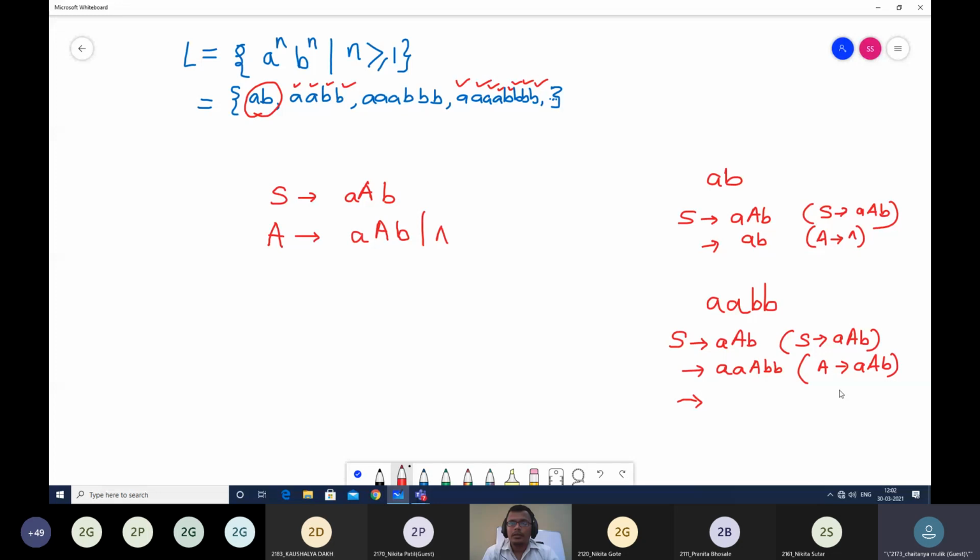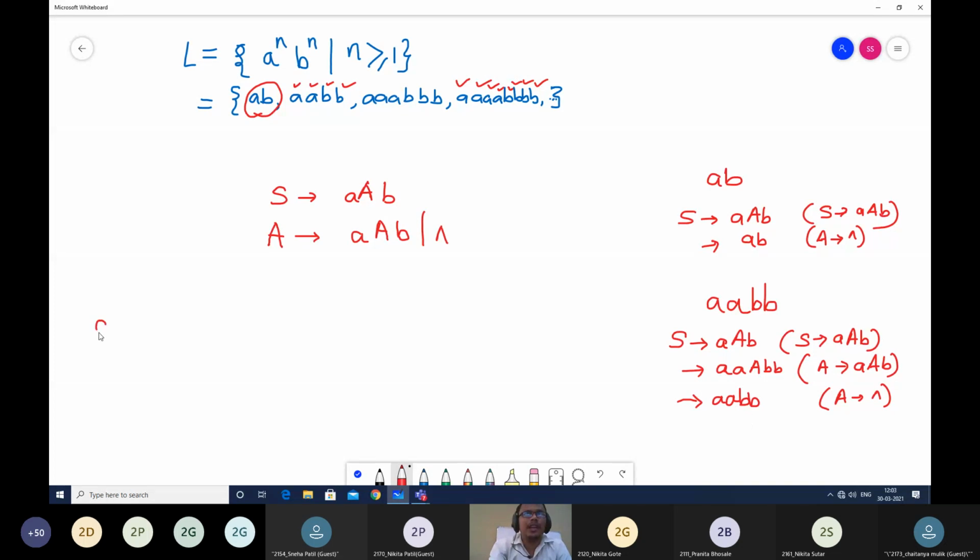A gives null. Correct. A gives null is what we are going to apply. Then only this A will become null, and then your string will be aabb. Are you getting this?